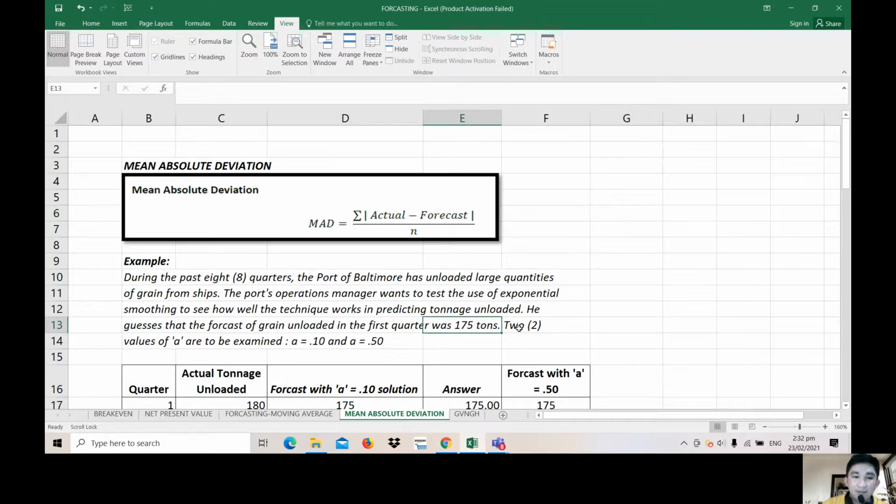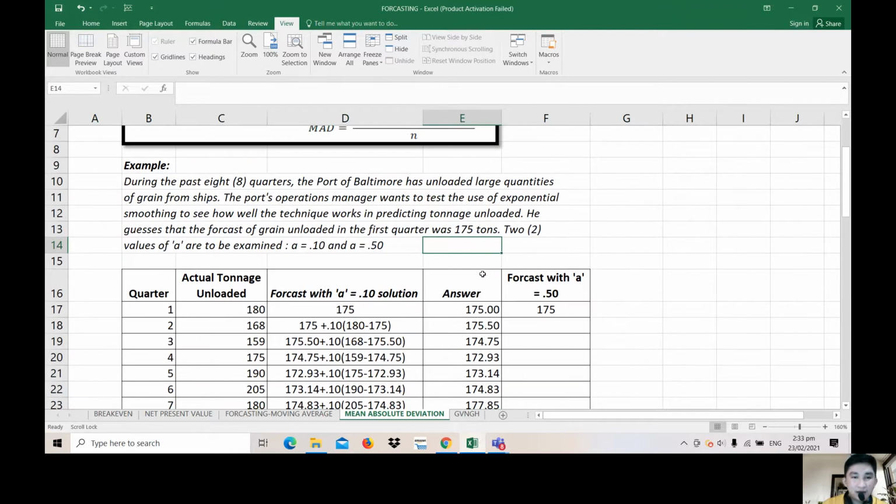That is just a forecast. Two values of alpha, our exponential smoothing value, will be examined, 0.10 and 0.50. In this video tutorial, so that we won't take too long, we will only be using the first exponential smoothing value, which is 0.10.